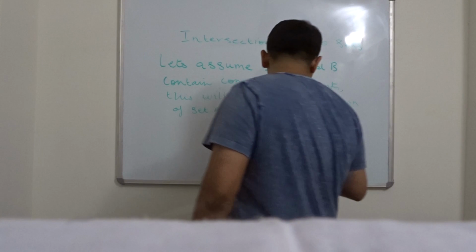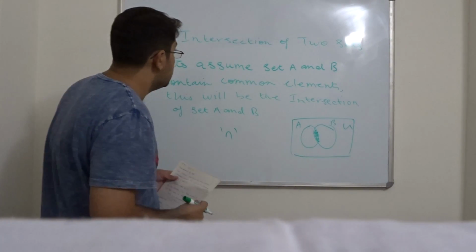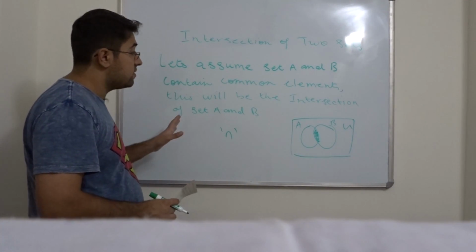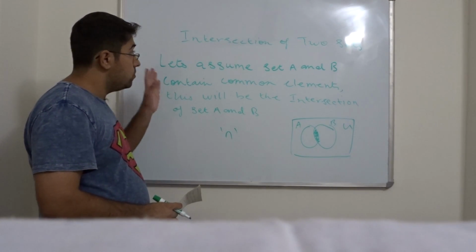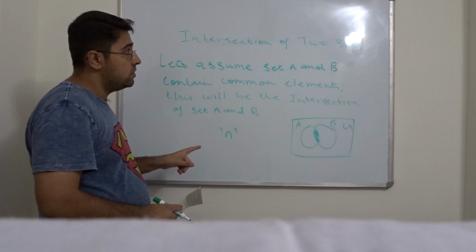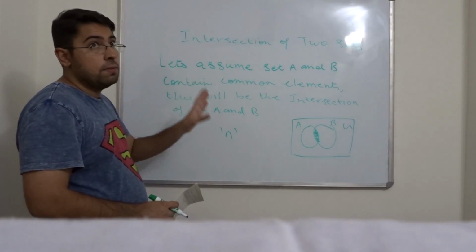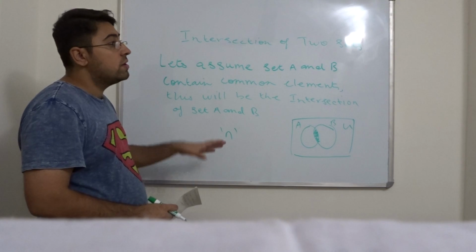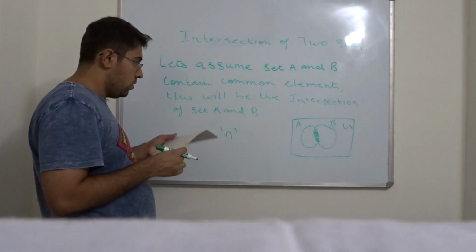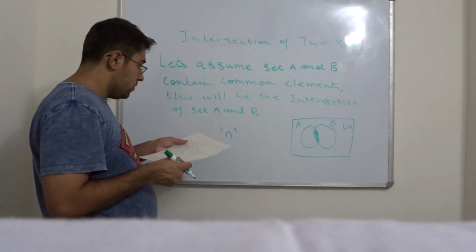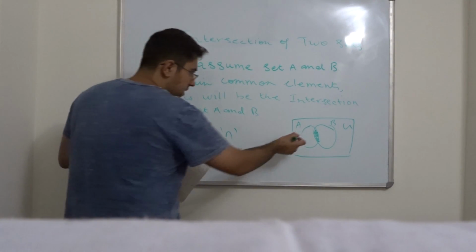What this really means is that two sets have only one intersection. Because you have only one intersection, you only take the common elements once. You don't repeat taking the common elements. I'm sure you understand what I mean.